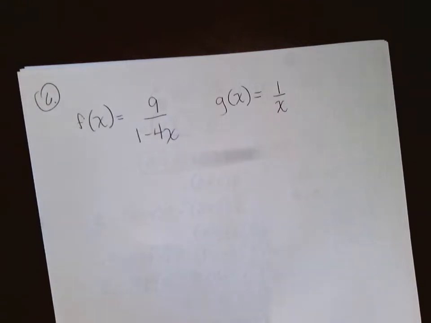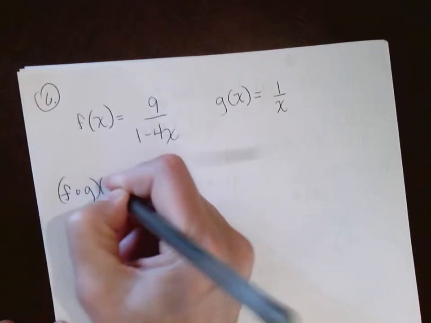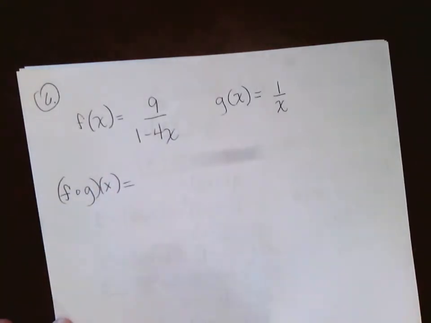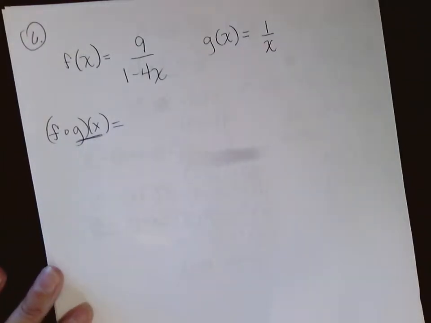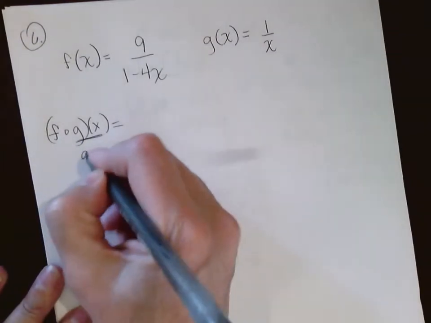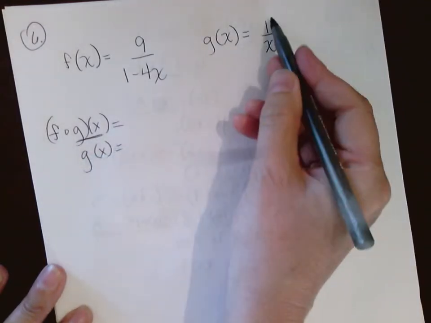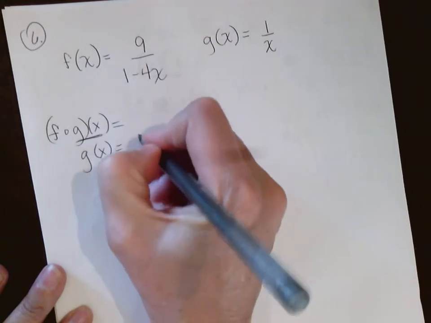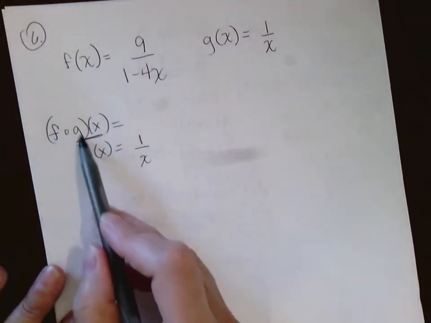The first thing it wants me to do is find f of g of x. Okay, so what do I find first? I find the inside first, which is g of x. So g of x equals, I guess go over here, and it tells me right away that g of x equals 1 over x. So I'm done with the end part.